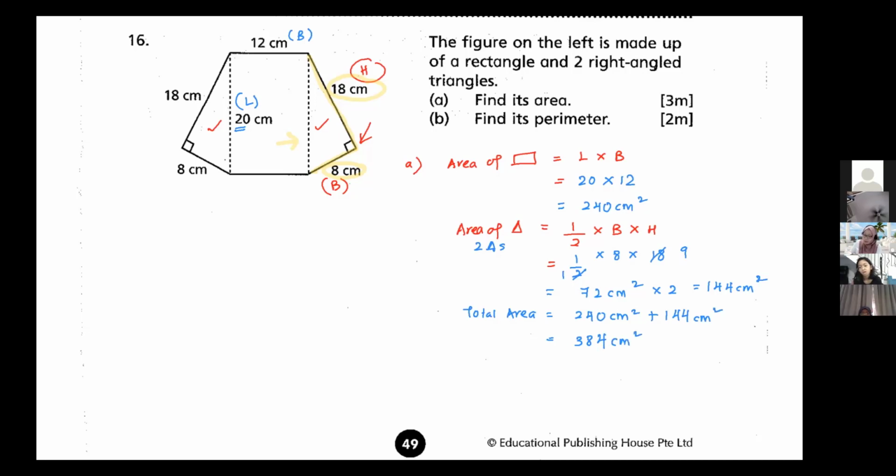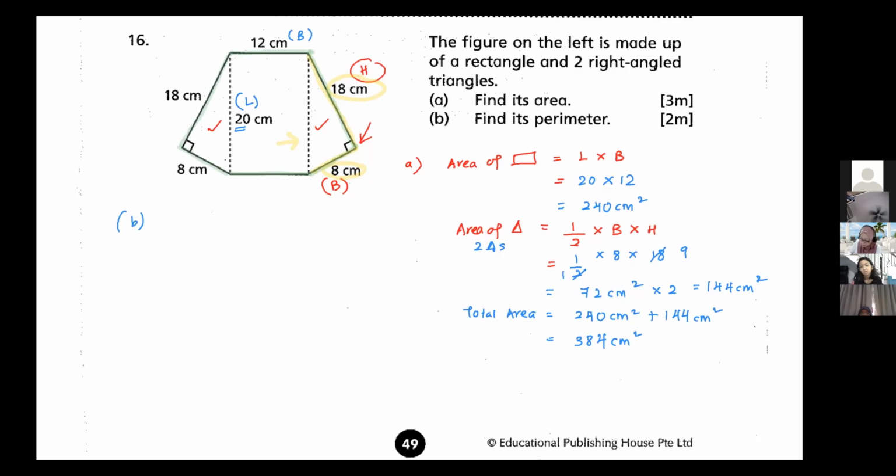Done. Now, perimeter. Find its perimeter. You should know that the perimeter is actually the outside: 12, 18, 8, another 12, 8, 18, like this.